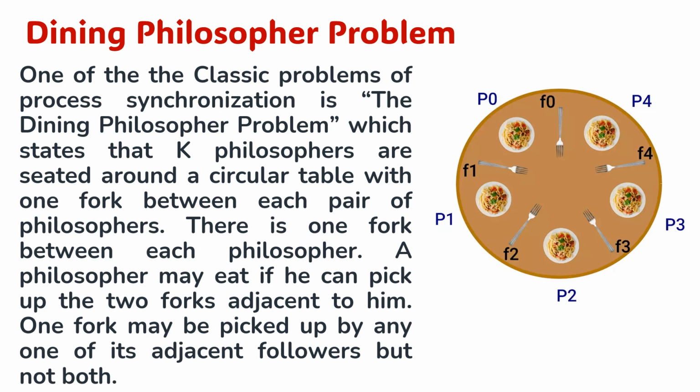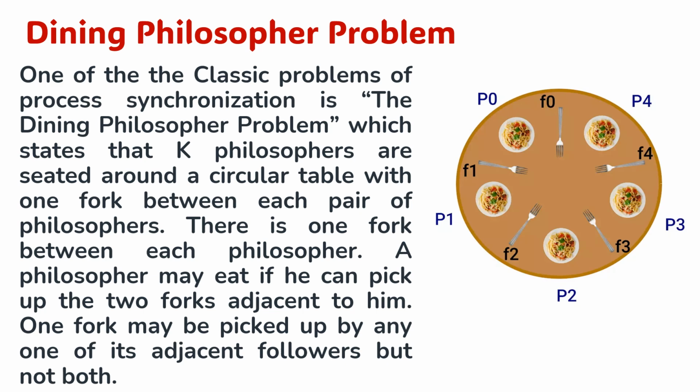And if he wants to eat, then he needs two forks. But for five philosophers, there are only five forks. So all five cannot eat together because in all they need 10 forks. But here only five forks are there.